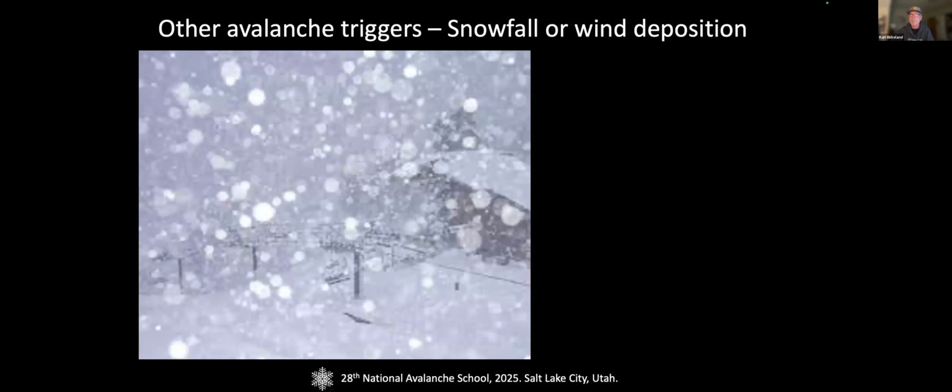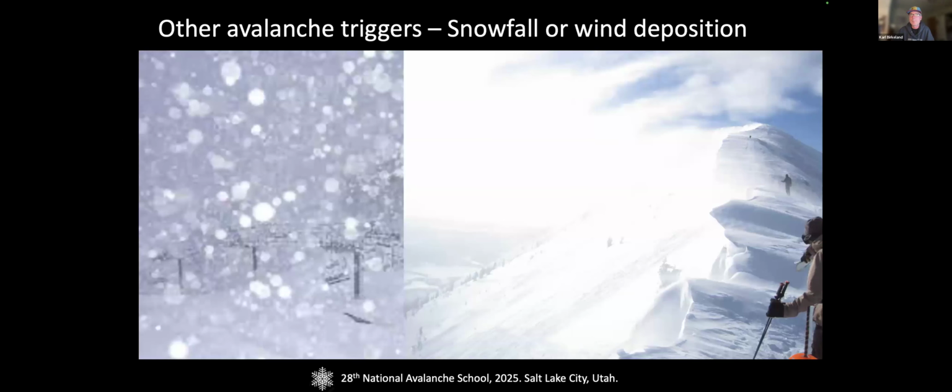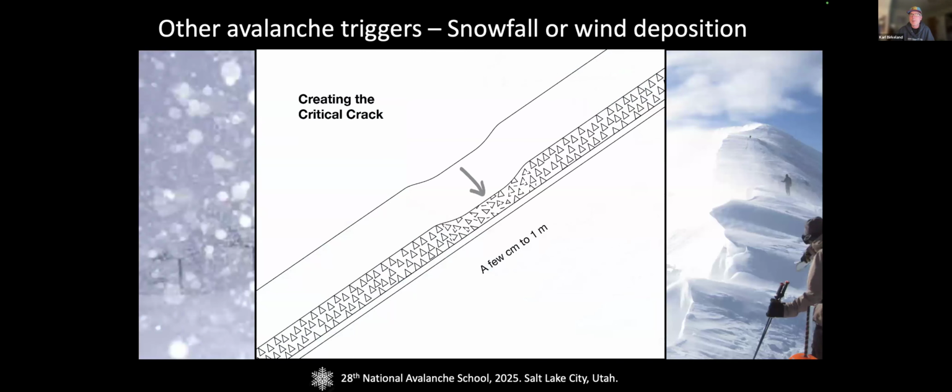Say we get new snow, windblown snow. Remember that the slab is not going to be as uniform as this. There's going to be areas of the slab that are weaker, areas of the slab that are stronger. Deposition is going to be more extreme in certain areas than in other areas. And we just need enough of that snow to add up in one area to start bending that slab and breaking the weak layer underneath.